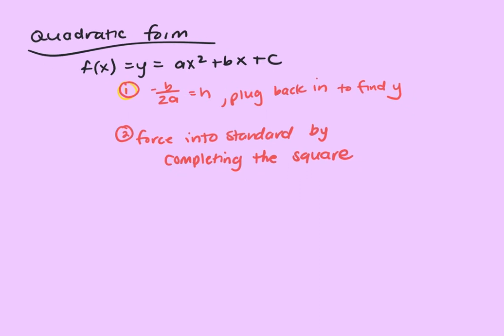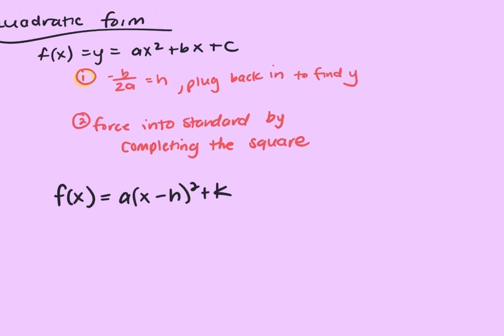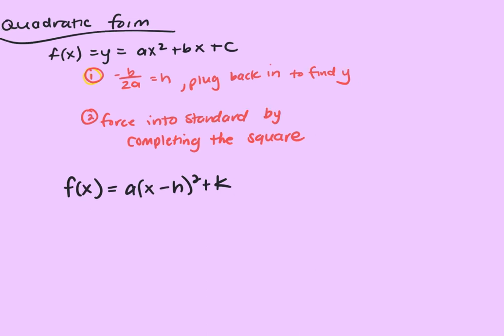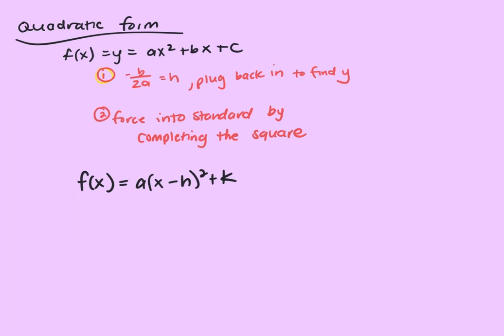And then you had, if it was already in standard, and for these obviously you don't need to change the format. You could find your vertex and all that stuff from it.